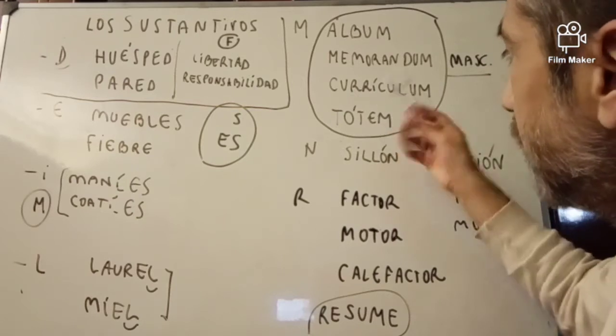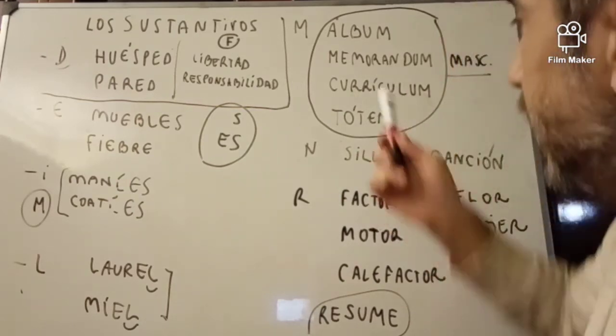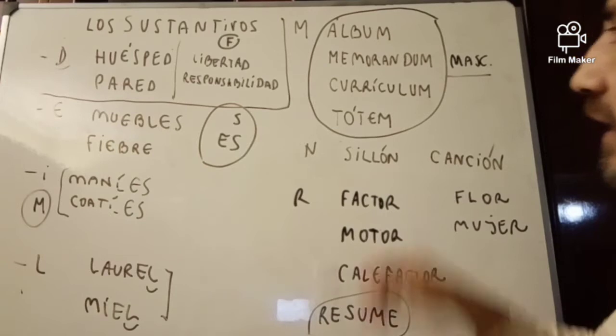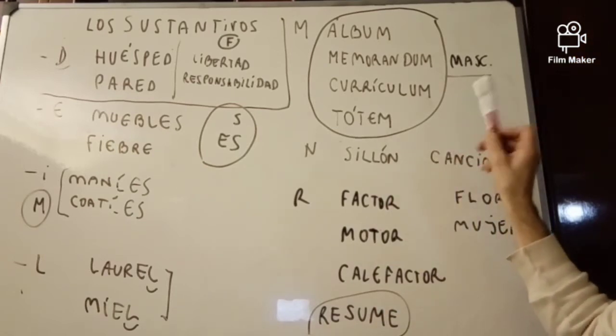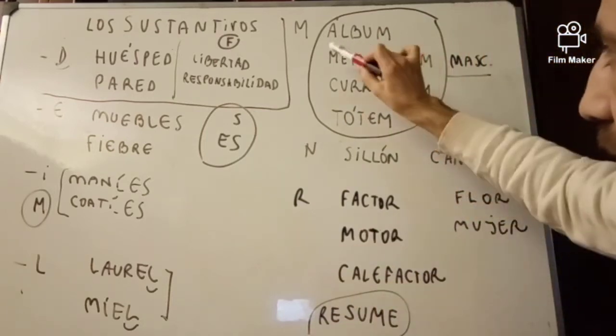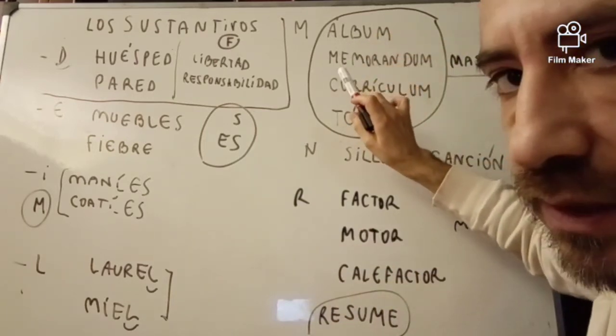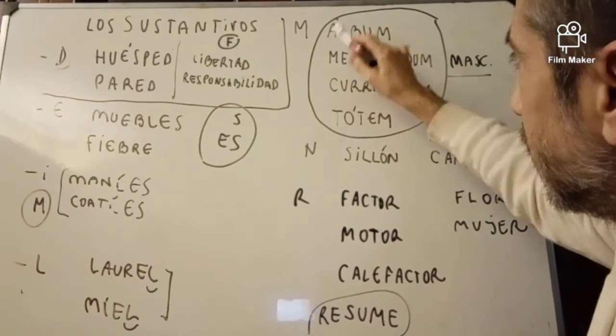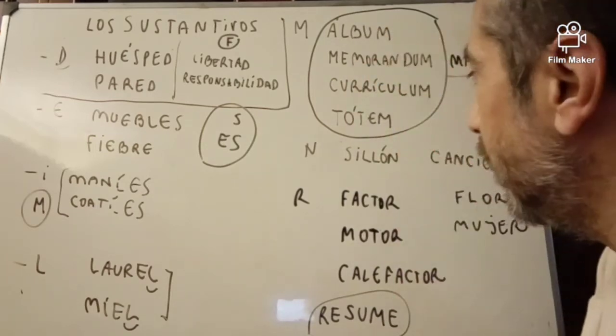And totem is a totem, it's the same in Spanish and in English. And there is something special about plurals here. I'm going to end with this, but then I'll show you how we turn them into the plural form.